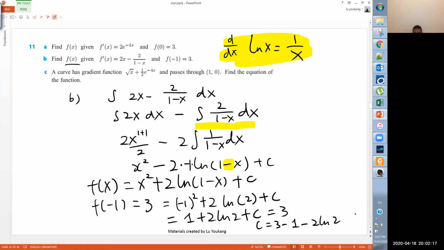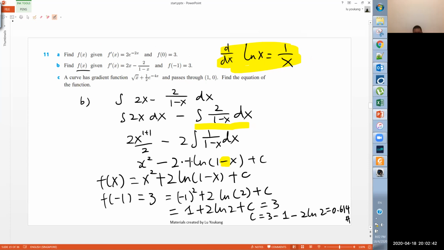Okay, so let me use my calculator. 3 minus 1 minus 2 times ln 2. The answer is not exact, so it's 0.614, to 3 significant figures.